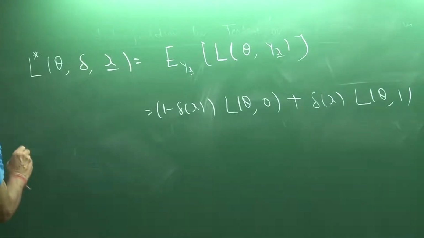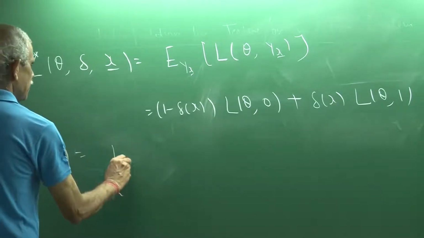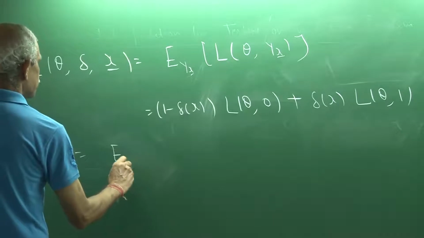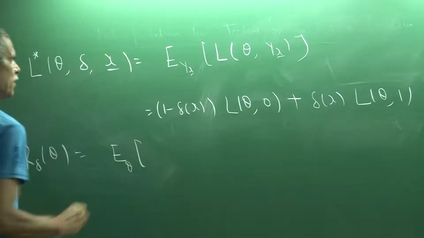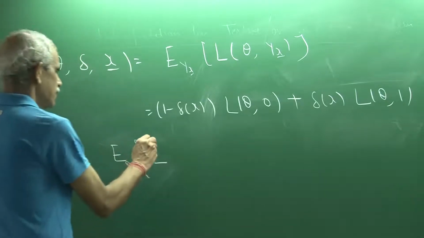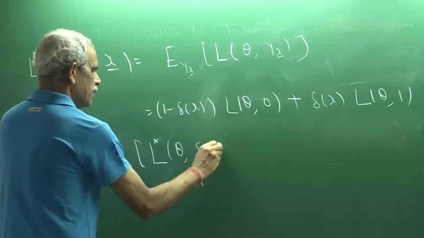Now I consider the risk function R(delta, theta). What would be R(delta, theta)? This would be the same as the expected value under theta of L star(theta, delta, x).